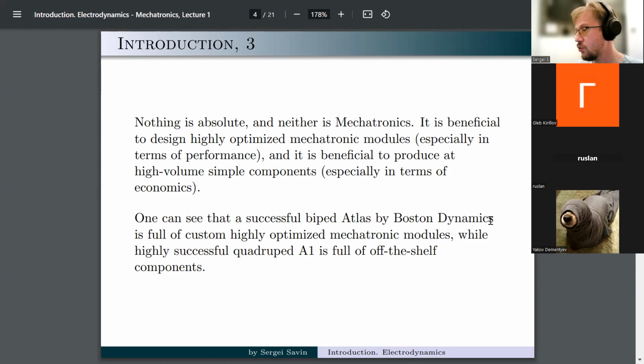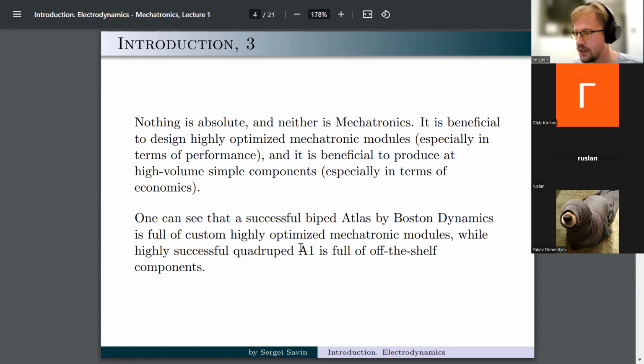It's all optimized to make as little weight as possible, with sufficient performance in terms of durability and everything else. Also, it is optimized for repairs. It's a very good design, but all this design is only for one robot, right? So the robot costs incredible sums of money to produce, and no one sells it.